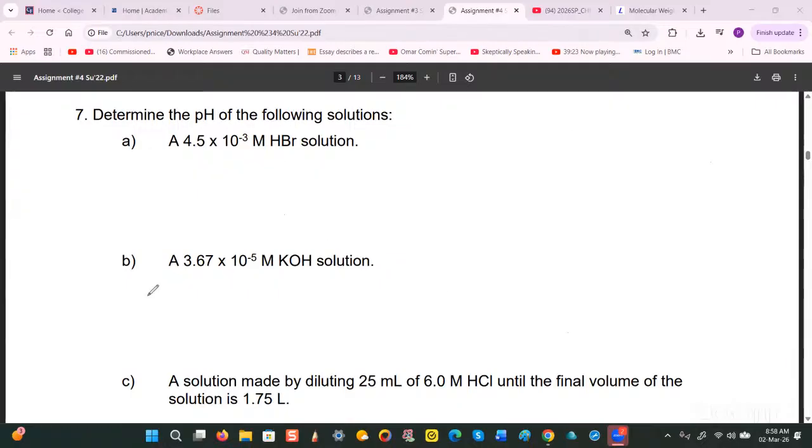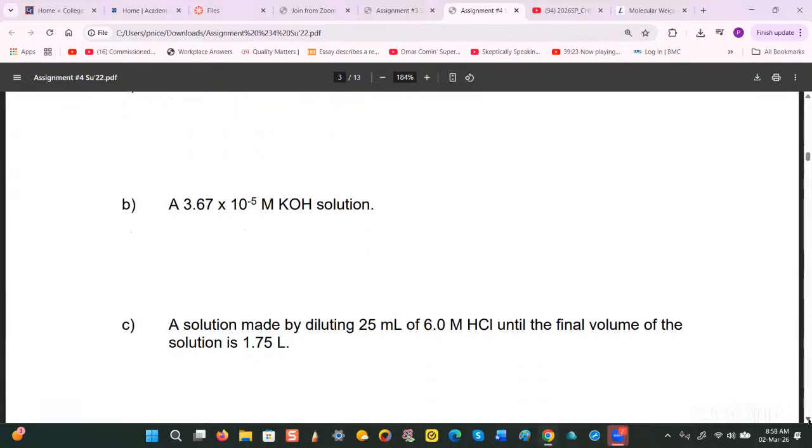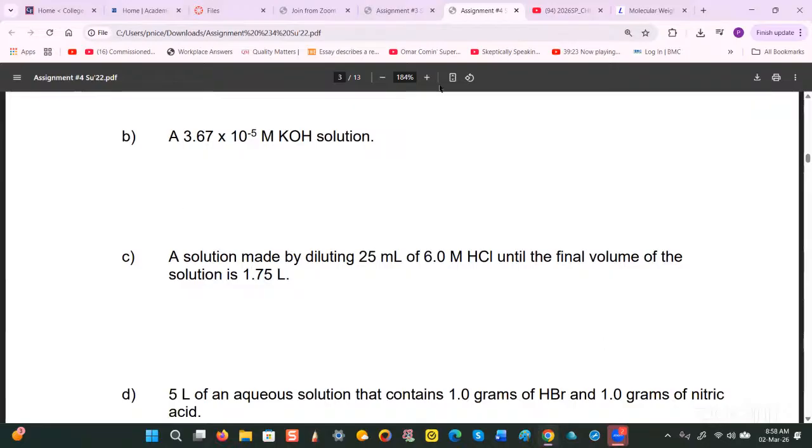Now in the case of B, they gave you the molarity of a potassium hydroxide solution, 3.67 times 10 to the minus 5, right? So potassium hydroxide is a strong base. And again, for those of you who had me before in Chem 1, you should remember that the strong bases are basically the hydroxides of groups 1A and 2A, all right?